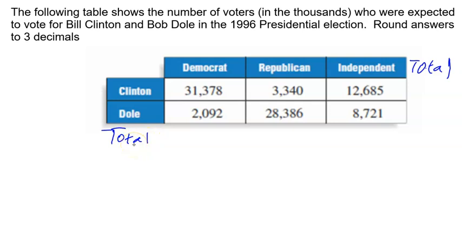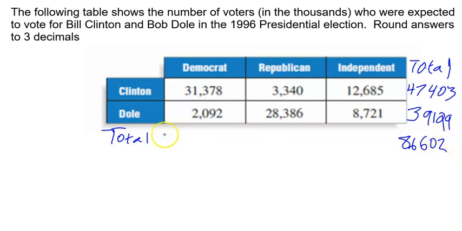All right, so we're going to find the columns. I'm going to add up the number of people who voted for Bill Clinton. The number of people that voted for Bill Clinton is 47,403. Then I add up the number of people who voted for Bob Dole, 39,199, for a total of 86,602.